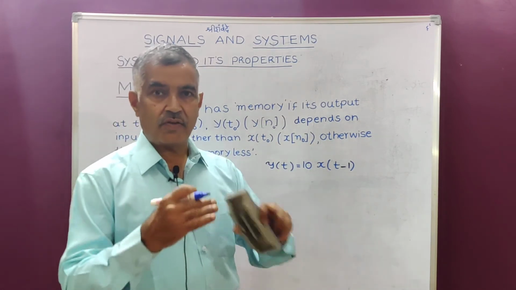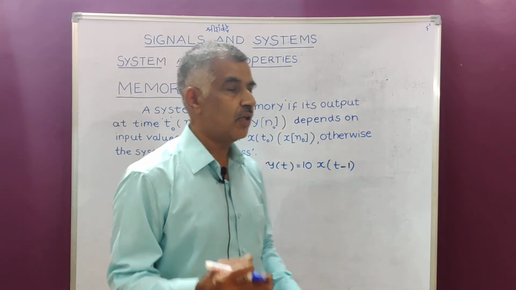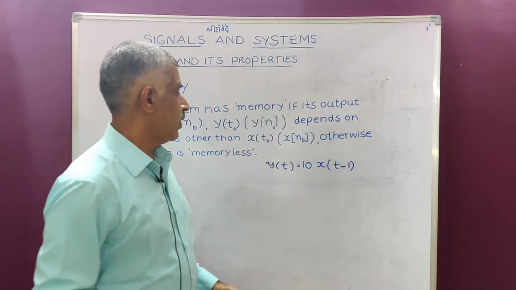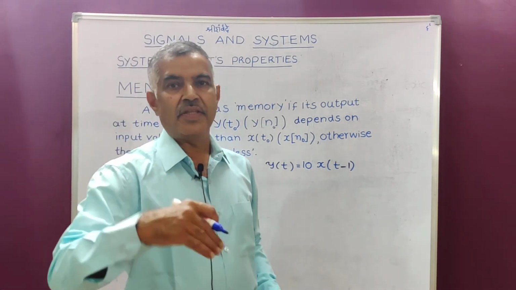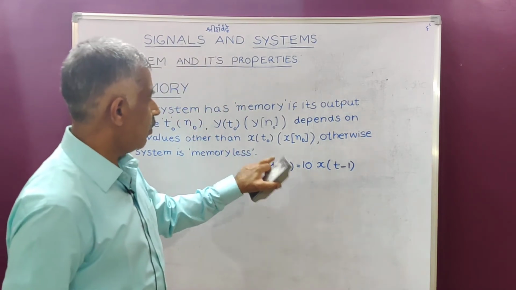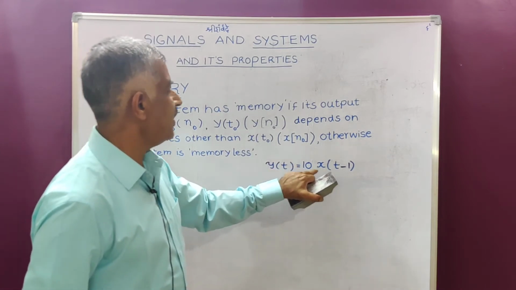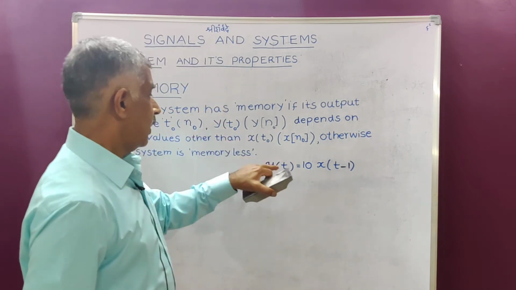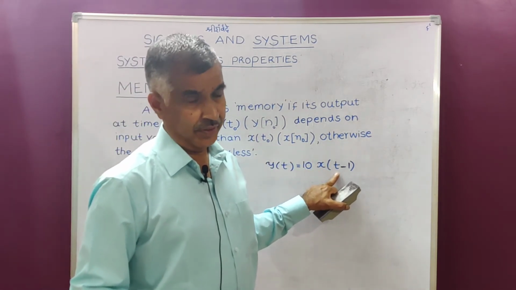The future one will be 2022, that is n plus 1. So n means present, n minus 1 means past, n plus 1 means future. So y of t is equal to 10 times x of t minus 1. Here it is something different, t minus 1.